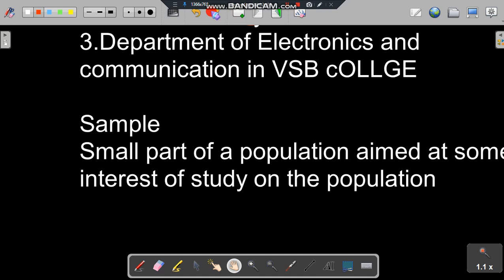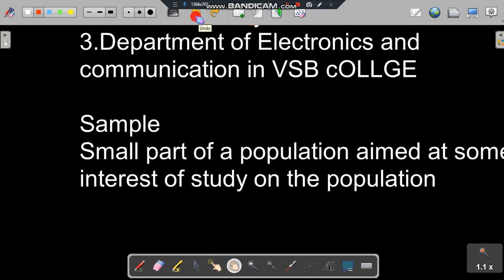It should be aimed at some interest of study on the population. You take samples in order to study the population characteristics, so we take a small part of the big part called the population.